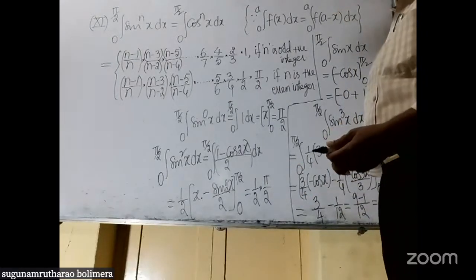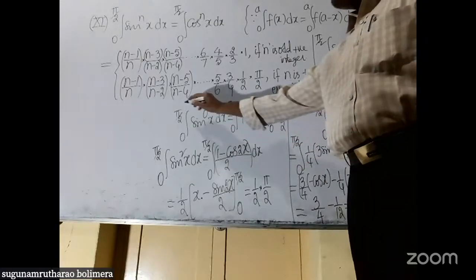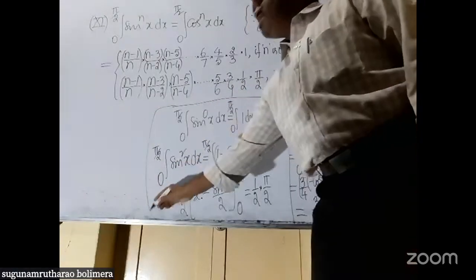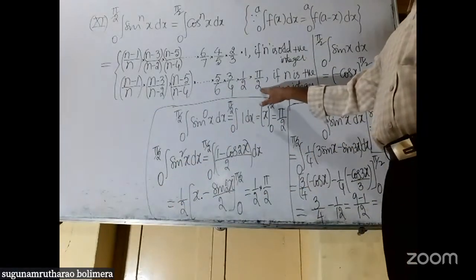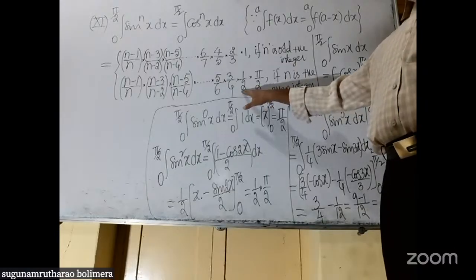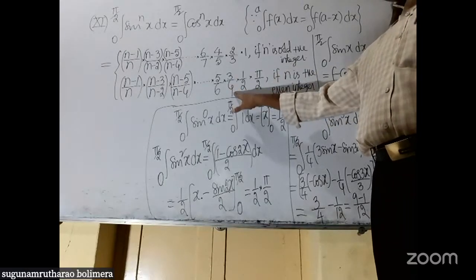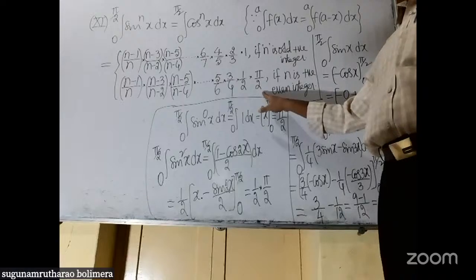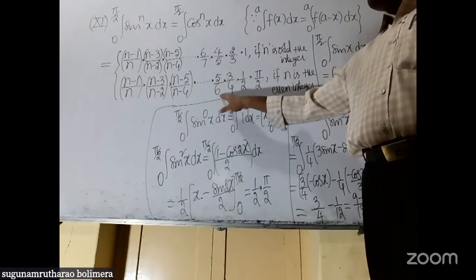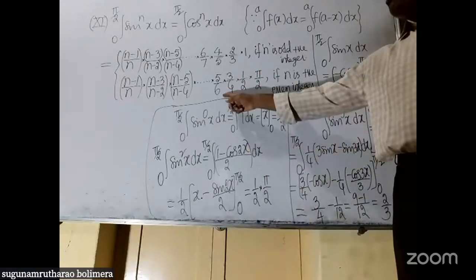So if you want to write sine power 0, you write pi by 2. Sine square means 1 by 2 into pi by 2. Sine power 4 means 3 by 4 into 1 by 2 into pi by 2. Sine power 6 x dx will be 5 by 6, 3 by 4, 1 by 2, pi by 2. So you have to multiply all these.